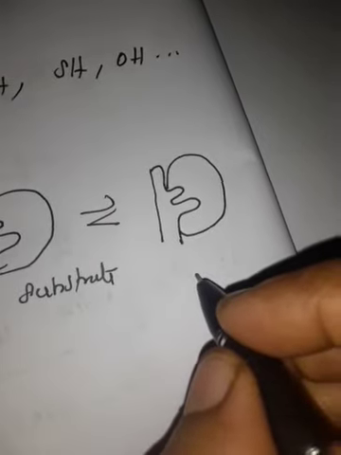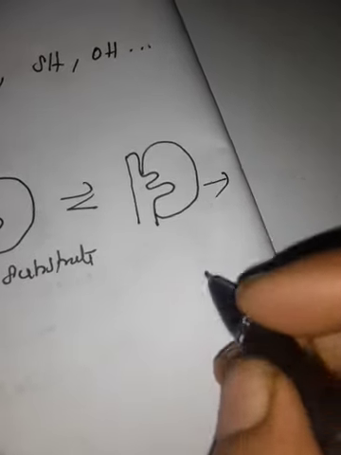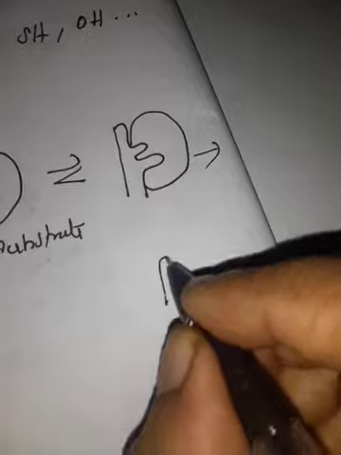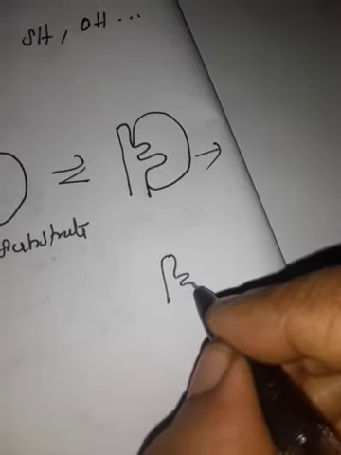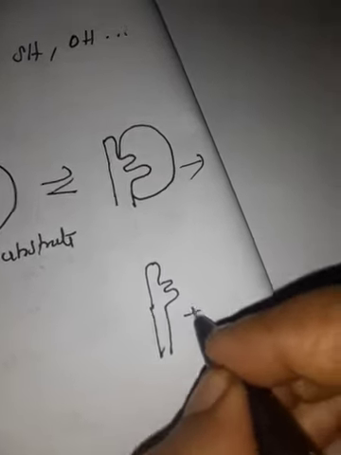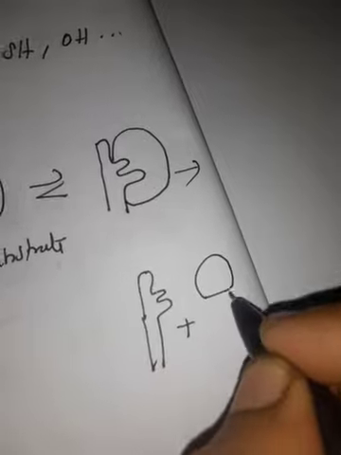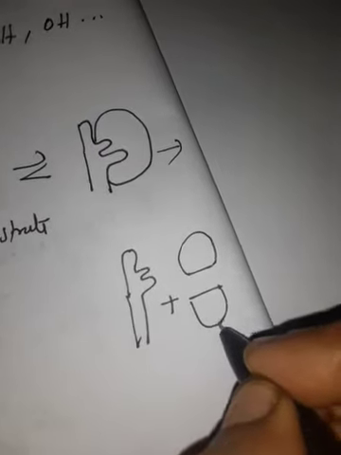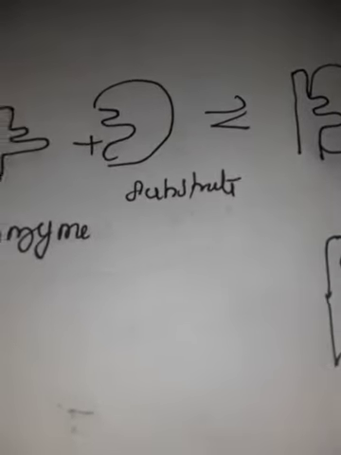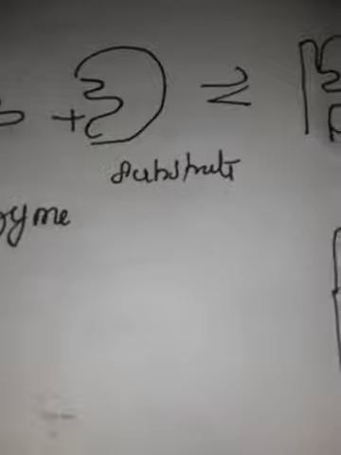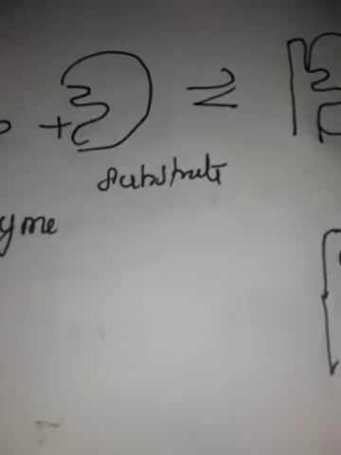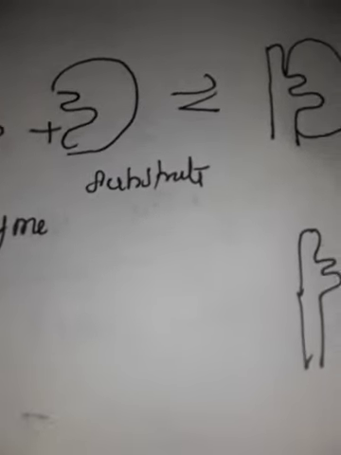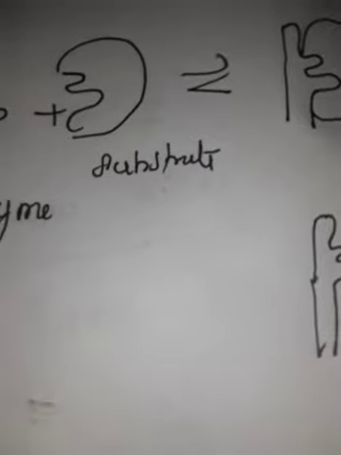This breaks into the enzyme once more, plus products. Products are got. On account of the active groups, the activated complex is formed which decomposes to yield the products.